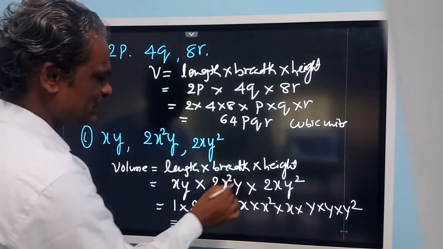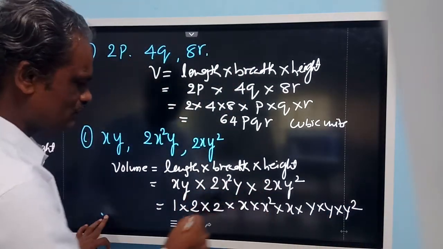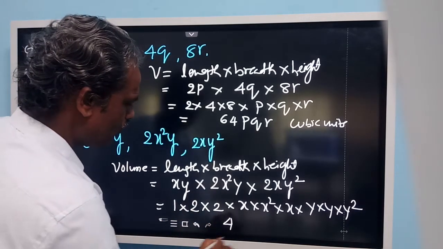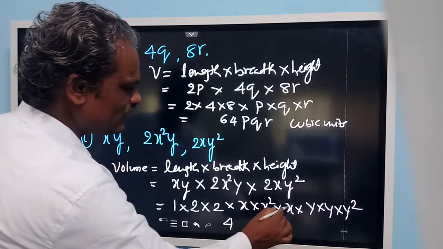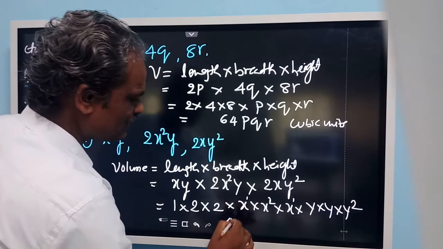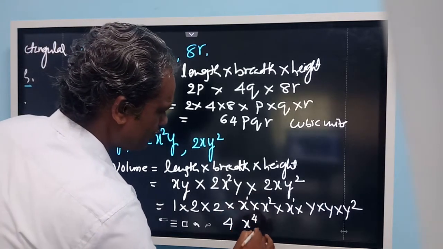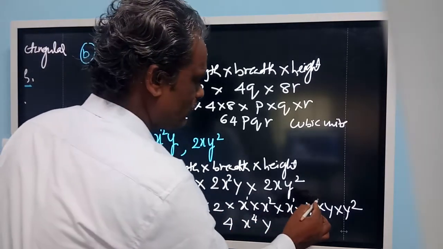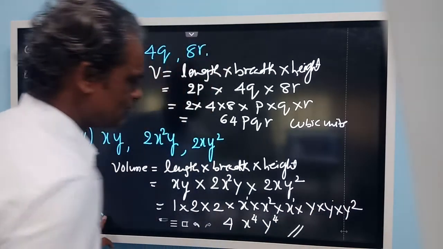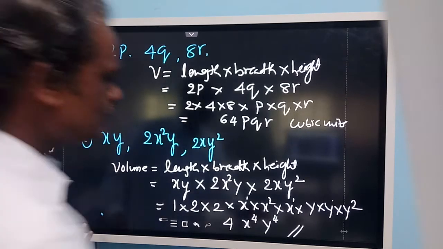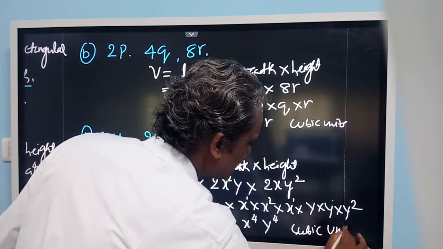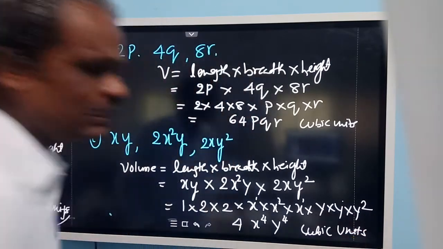Now what is the product of these numerical numbers? 2 2s are 4. 4 x into x square into x. Add the powers. 1 plus 2 3, 3 plus 1 4. X to the power 4. Then y to the power 1 plus 1 2, 2 plus 2 4. Y to the power 4. This you write in cubic units. Now tell me whether the code is clear or not.